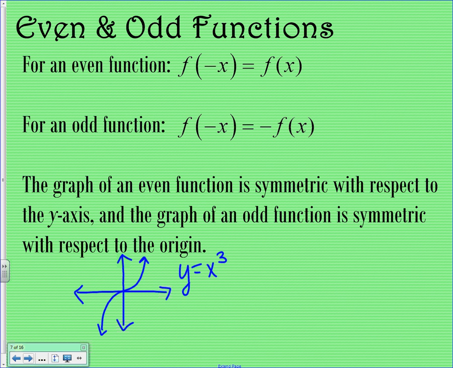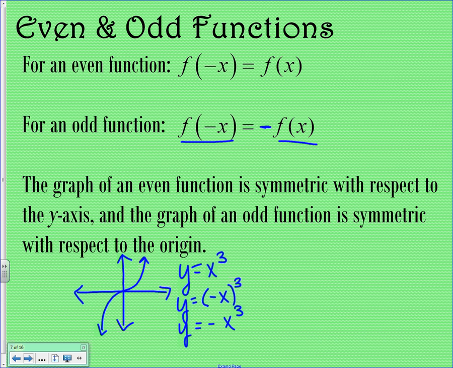It may not be the most basic one, but that's a pretty straightforward one. If we replace all of our x's with negative x, well, that is negative x cubed. When we replaced negative x in our function, we ended up with the negative of x cubed. And so that would be an example of an odd function.